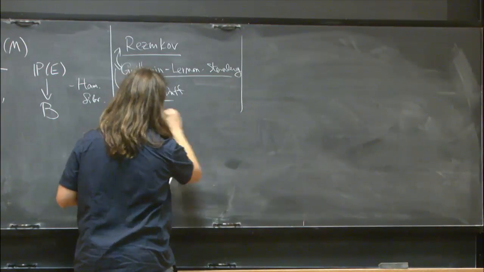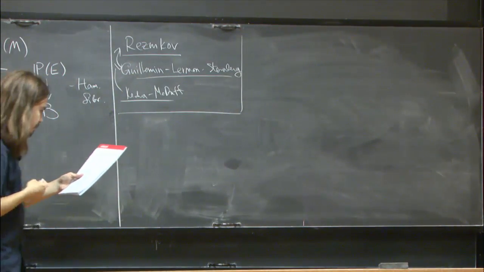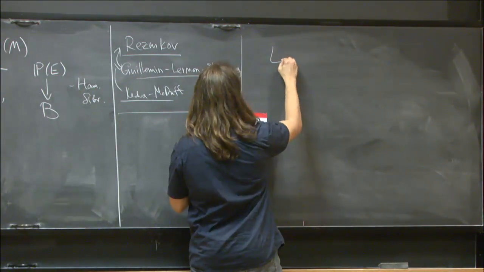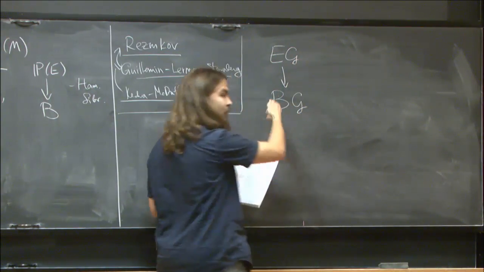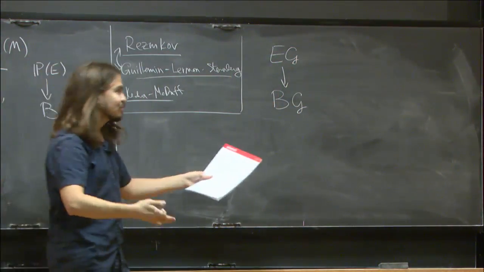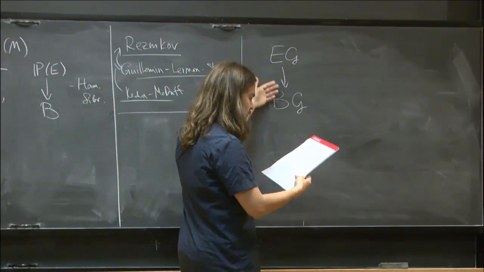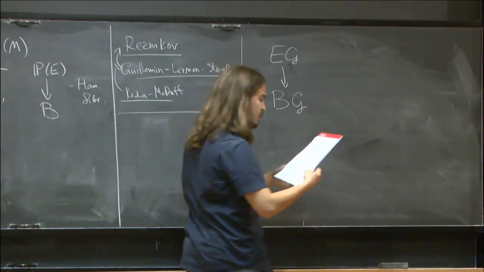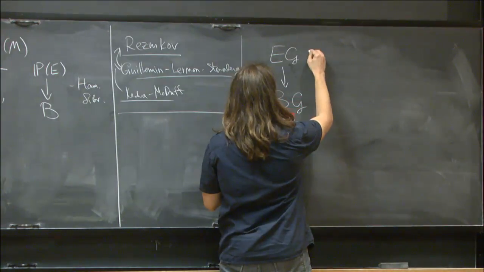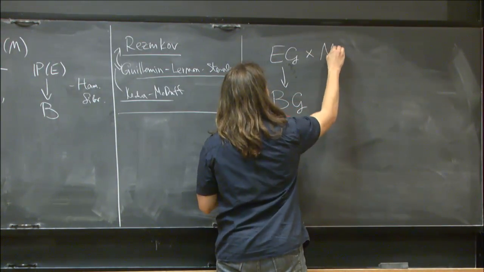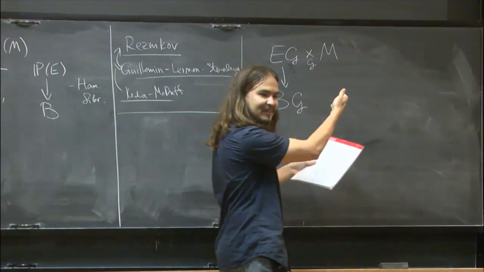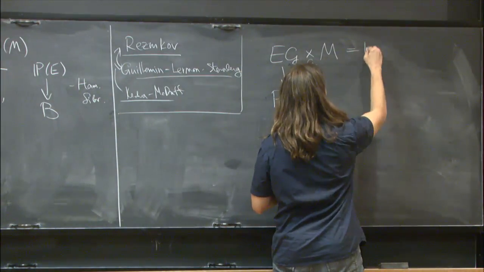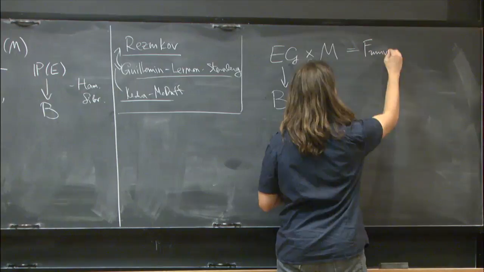So what do I want to say? Consider EG over BG as a universal principal G-bundle, and then you can always construct from it the universal M-bundle. Let me call it F universal.